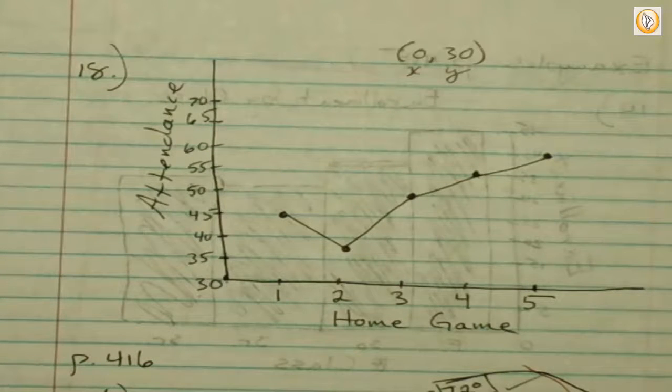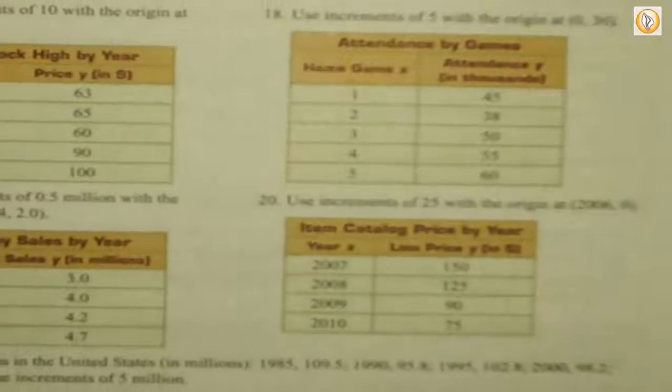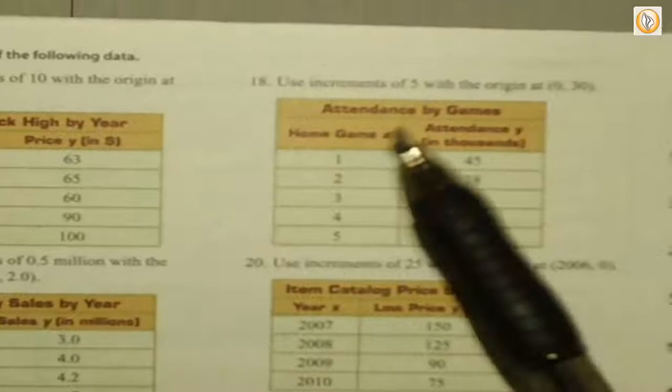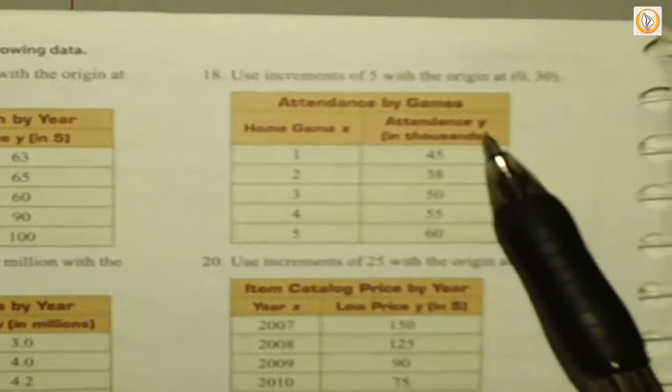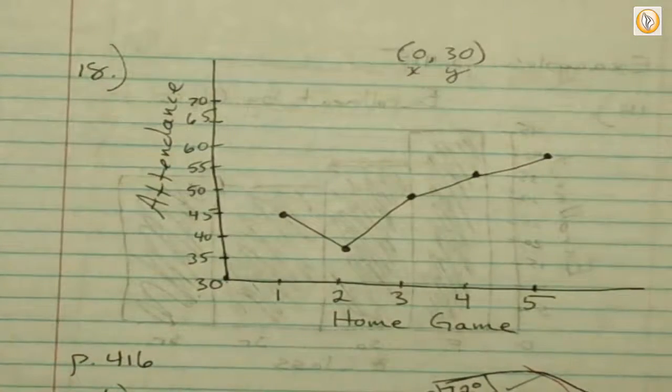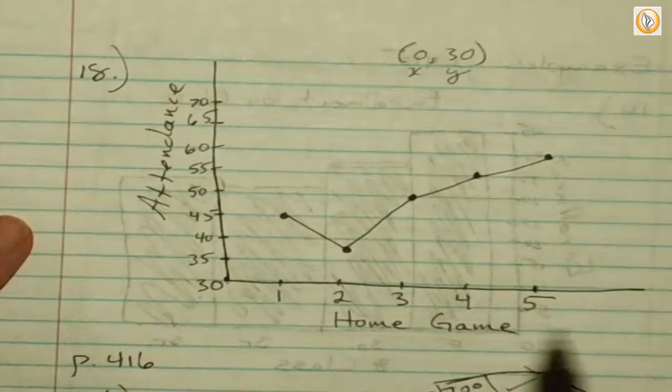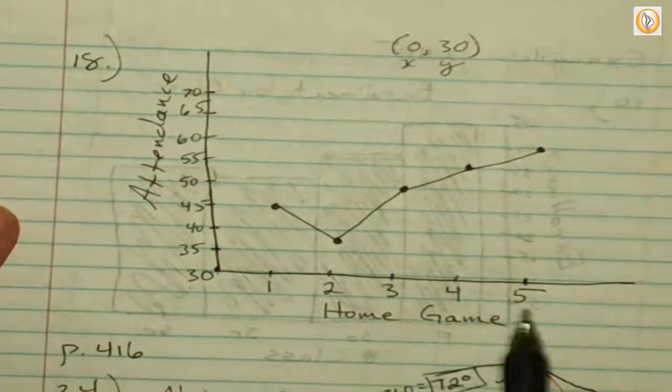The first column there says home game, and did y'all notice? What is that right there? X. Look in your book. It's an X, right? And right here, what is that? So in this case, they tell you what goes on the X-axis.